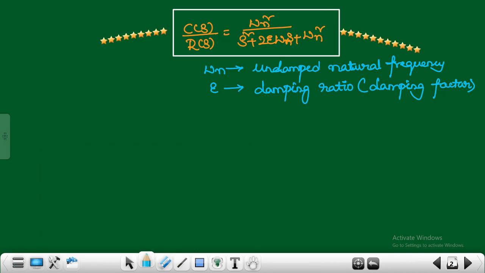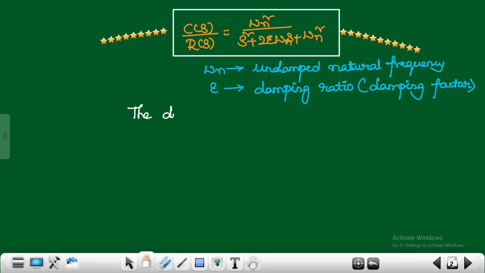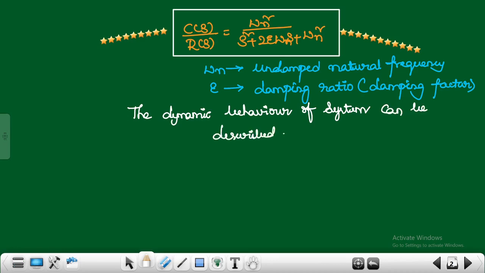Whenever you consider this standard form, a very important thing is the dynamic behavior of the system can be described by two factors. What are those factors?